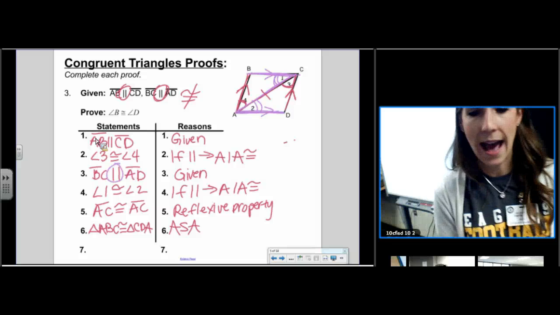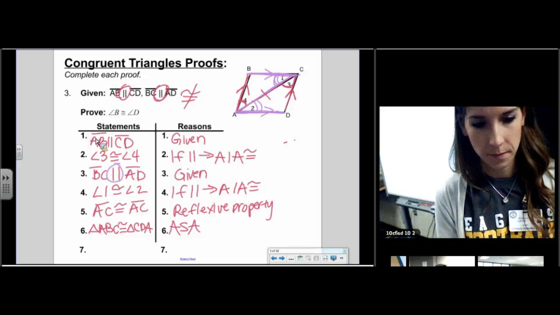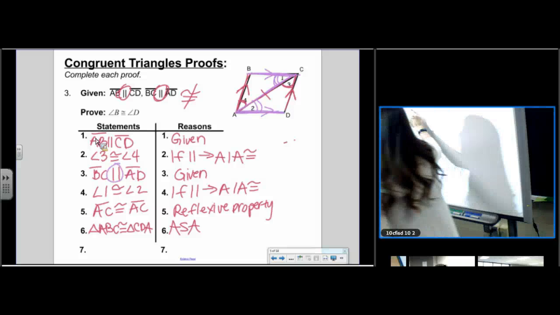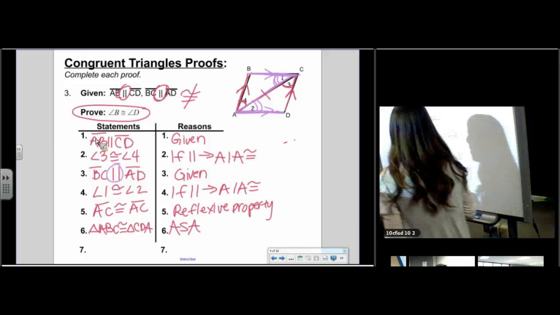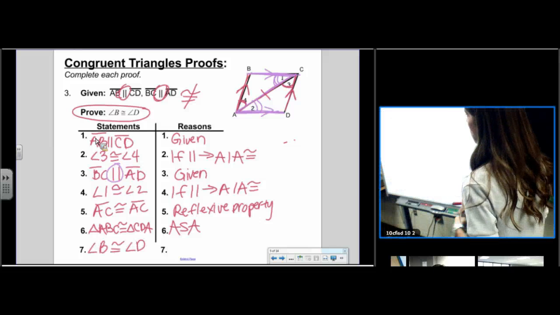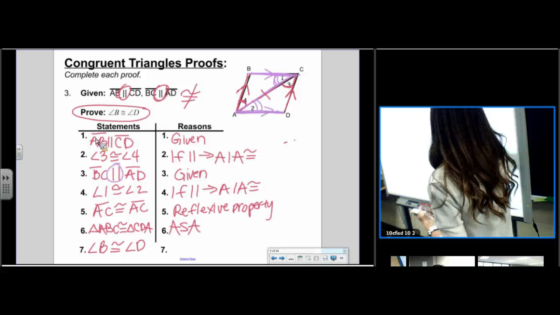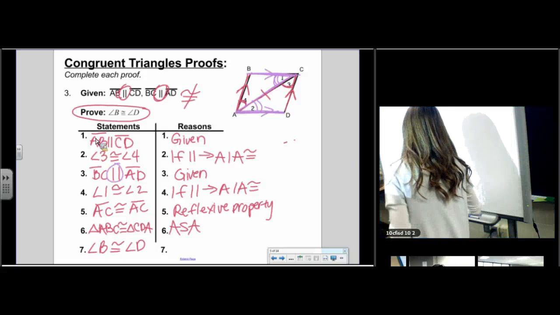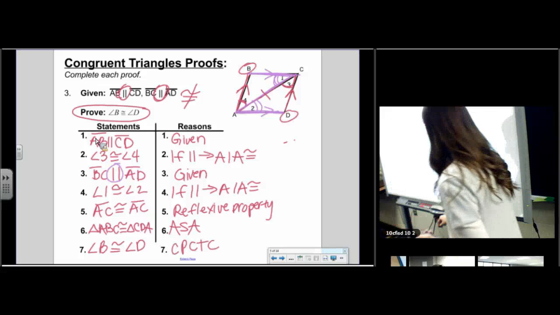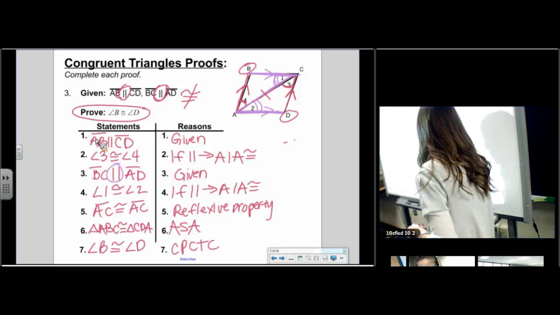Quan, what comes last? The last step is always the proof. Every time, all the time, that is the last step. Angle B is congruent to angle D. How do we know that B is congruent to D? By CPCTC. End of proof.